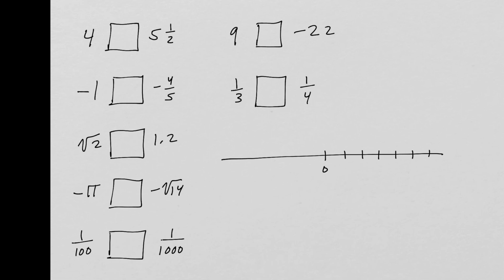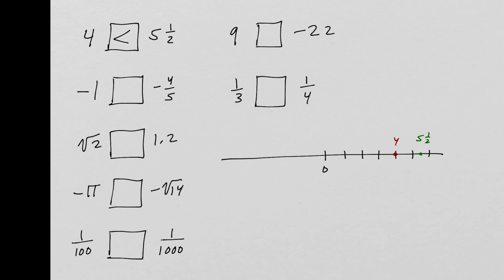Here's 4. Here's 5.5. Since 4 lies to the left of 5.5, we're finding their relative locations. 4 is to the left of 5.5. Therefore, 4 is less than 5.5.